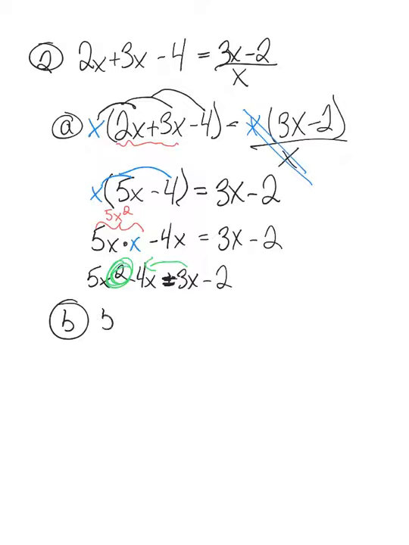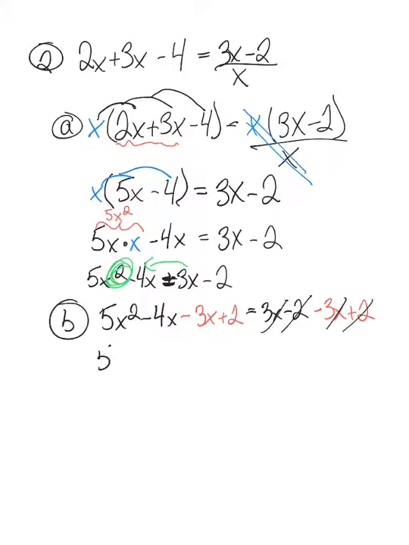Just like 5x squared minus 4x minus 3x plus 2 equals 3x minus 2 minus 3x plus 2. So then those will cancel and that will cancel.